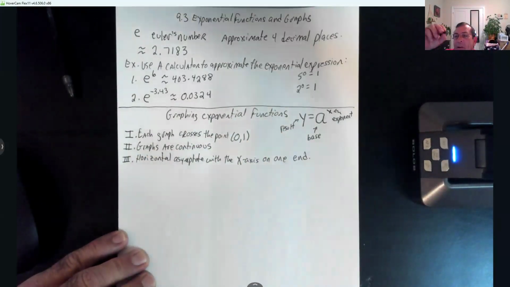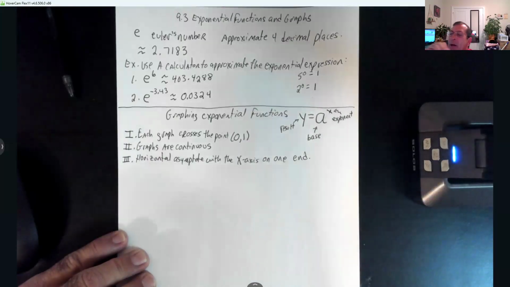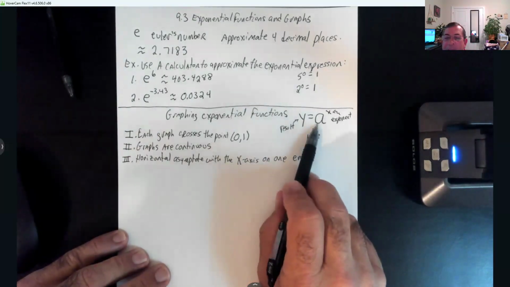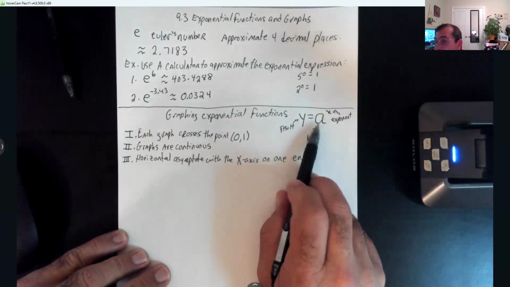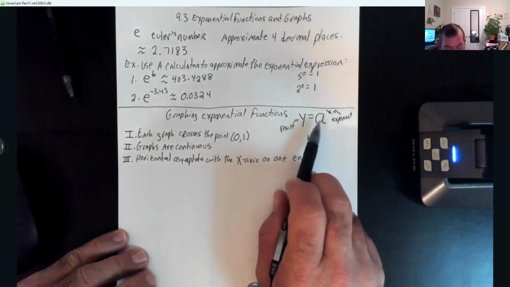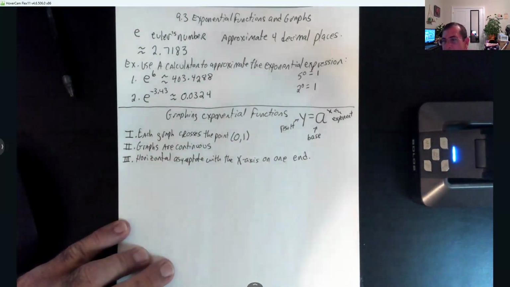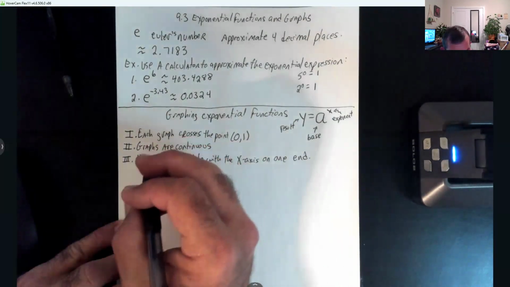So one side of the graph is going to try to be hugging those x-axes, okay? It just depends on whether this a is an integer or if it's a fraction, okay?